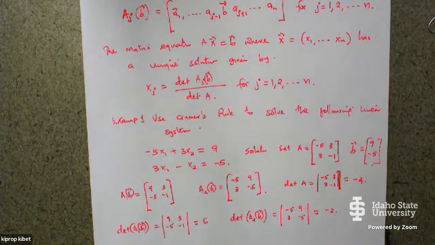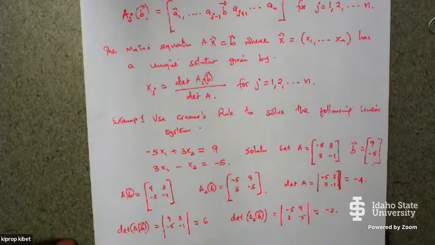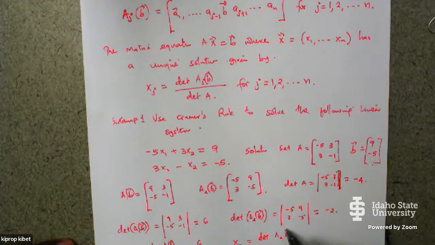Therefore, x1 is equal to determinant of A1(B) all over determinant of A, which is 6 all over minus 4. x2 is equal to determinant of A2(B) all over determinant of A, which is minus 2 all over minus 4.